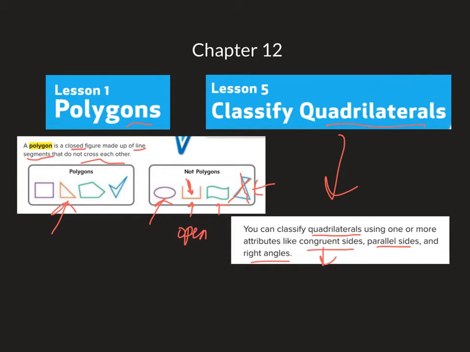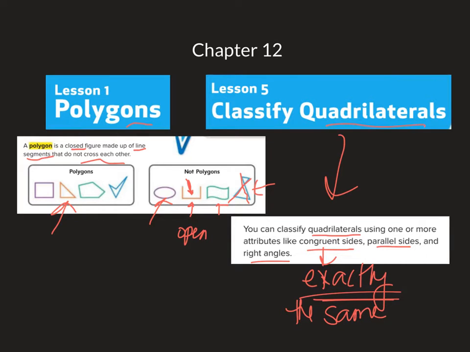Remember, congruent means exactly the same. So it cannot be kind of, sort of, a little bit the same. It's got to be exactly the same in order to be congruent. That's why oftentimes when we're measuring and trying to classify shapes, we get our rulers out and we measure to make sure they're exactly the same.